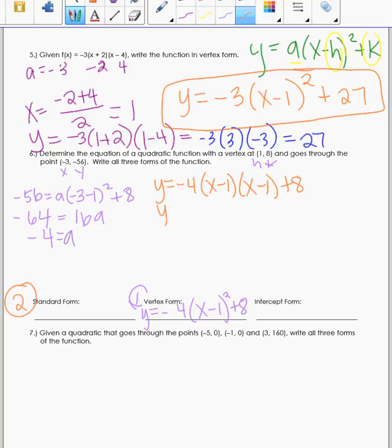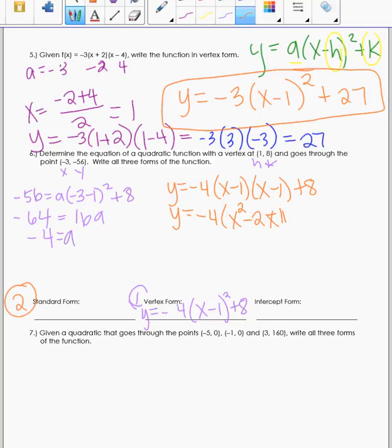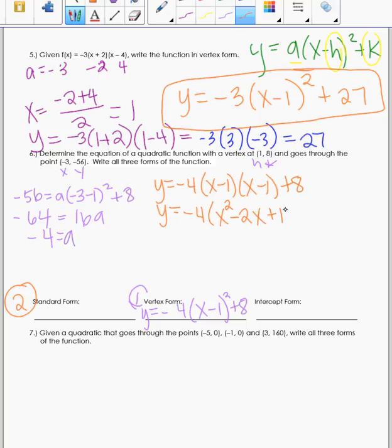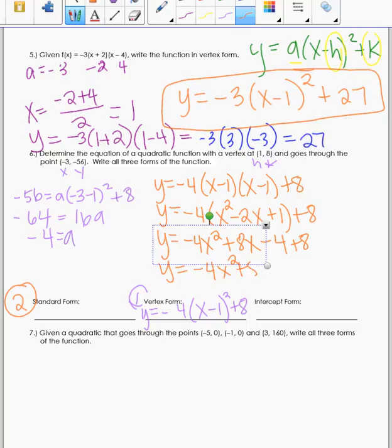Multiply out your parentheses and you get -4 times x squared minus 2x plus 1 plus 8. So y equals -4x squared plus 8x minus 4 plus 8.